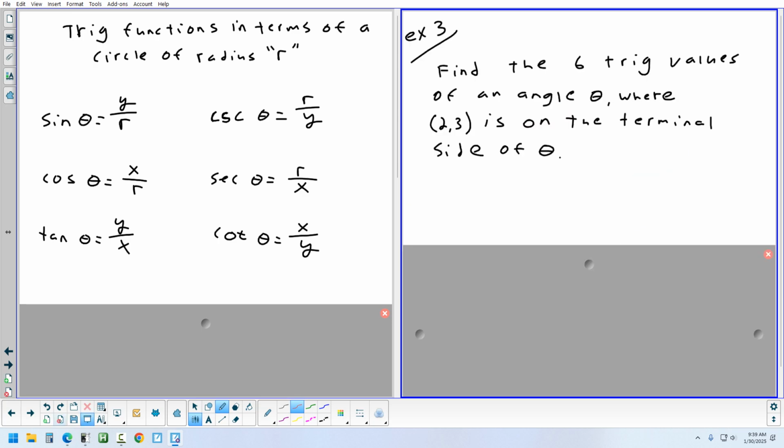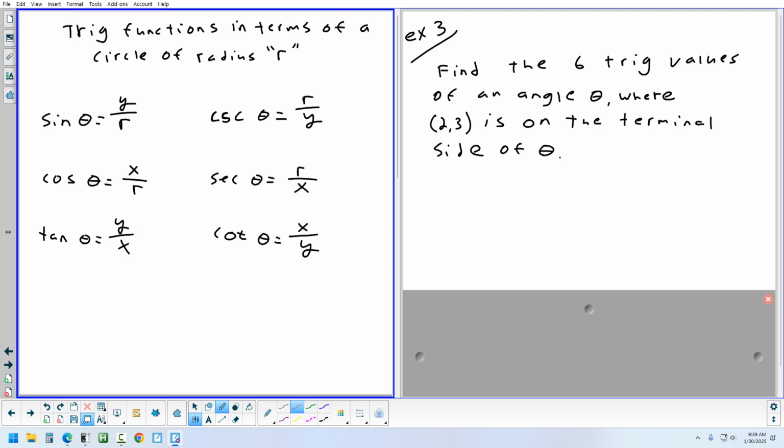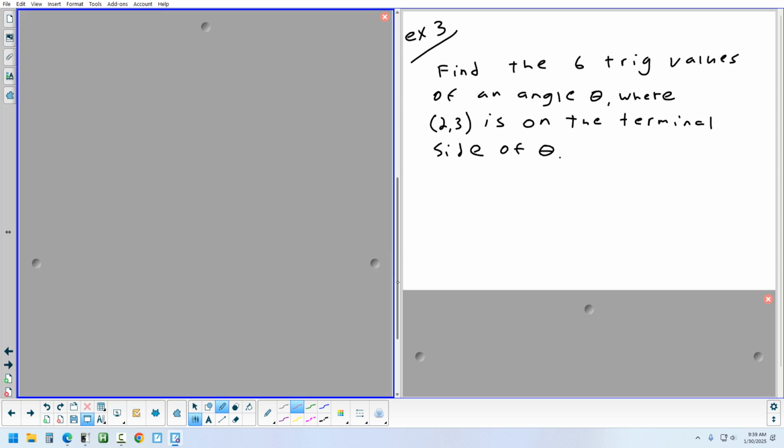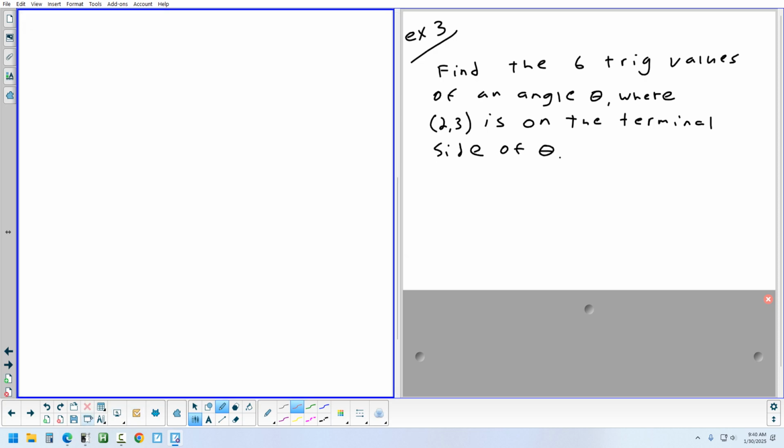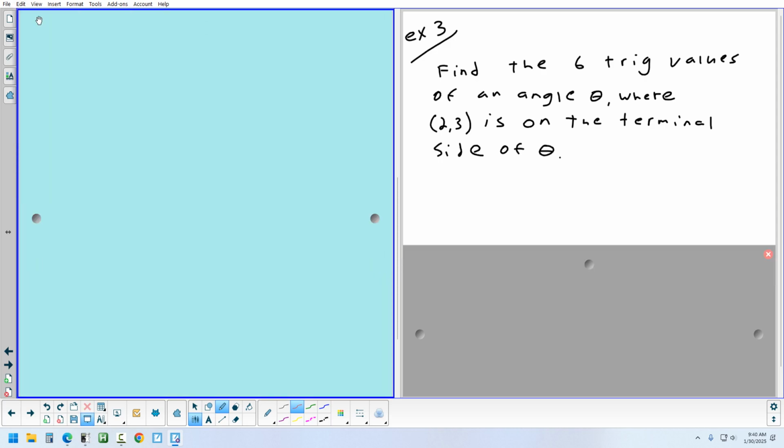It says find the 6 trig functions of theta where the point 2, 3 is on the terminal side. Okay, so let's sketch that.